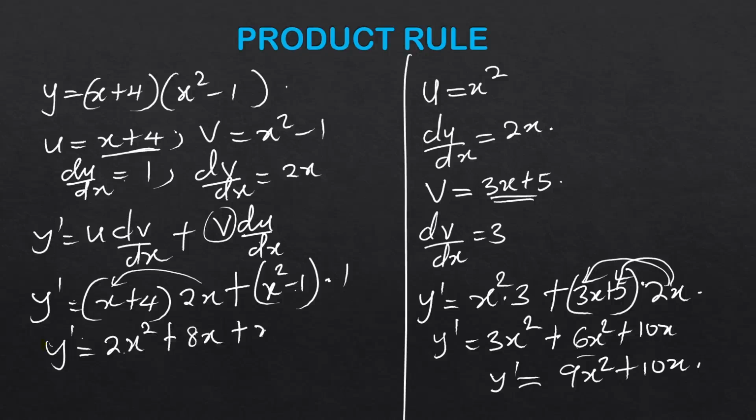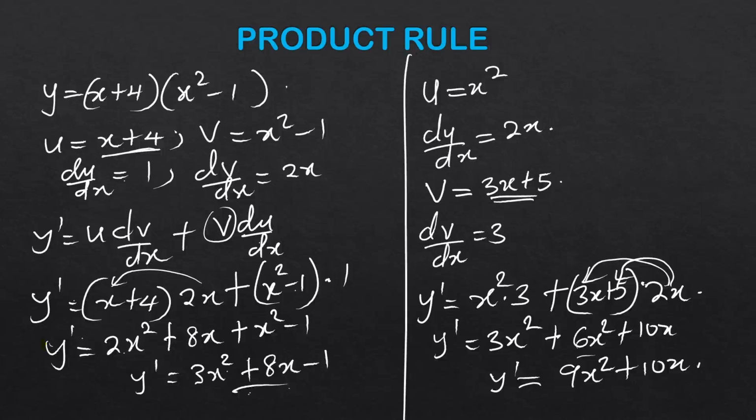This is plus x squared minus 1. So y prime is going to be 2x squared plus 1x squared, which gives me 3x squared, then plus 8x minus 1. This is the answer. All right.